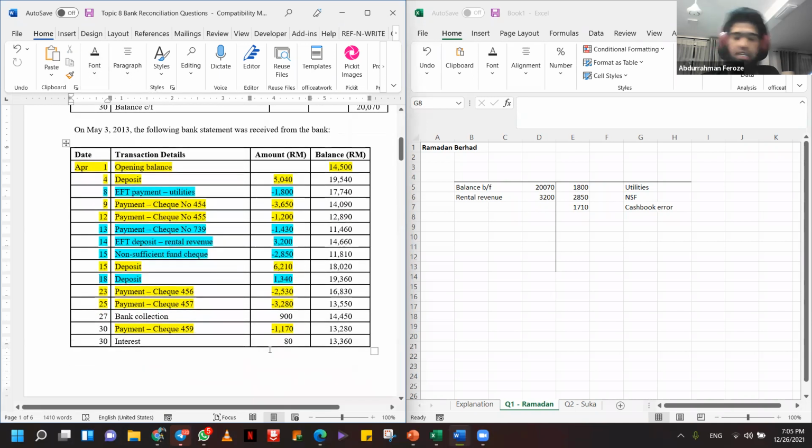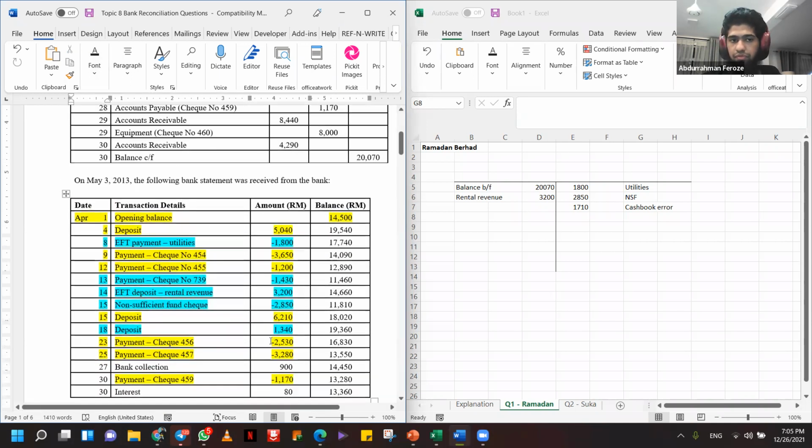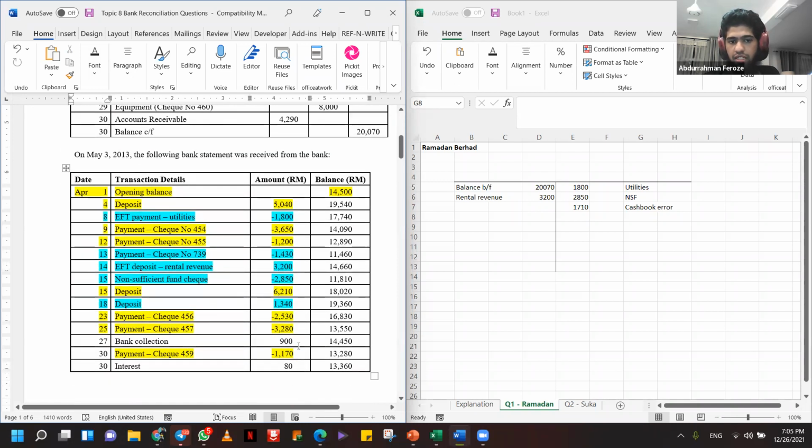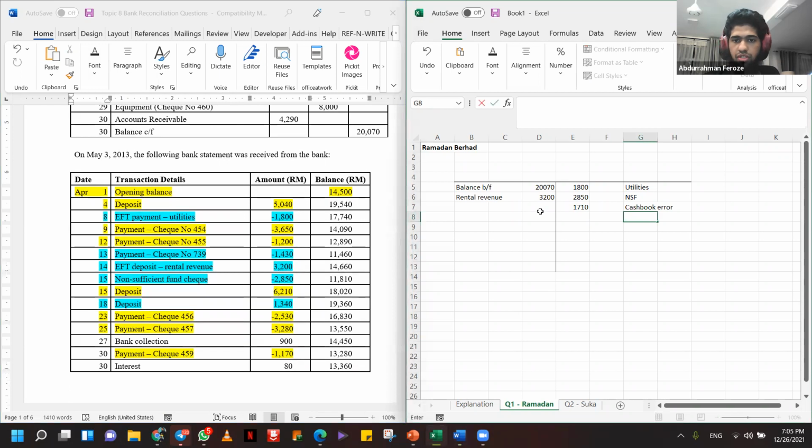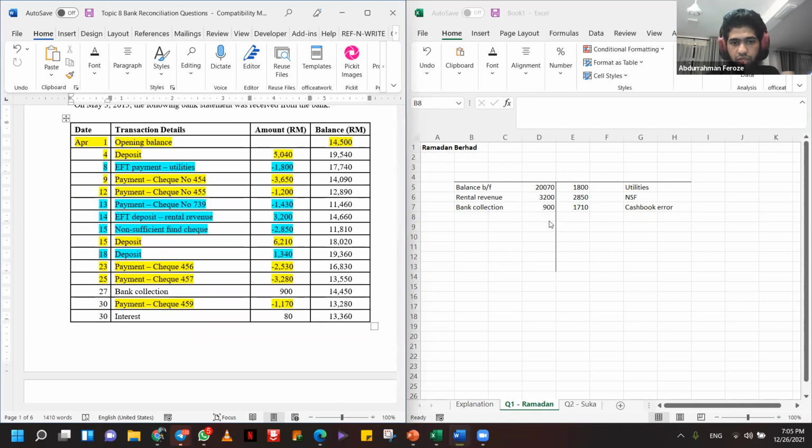Now we have the bank collection, which is 900, right? So this is once again an amount that is received, so it should be debited, 900 bank collection. Okay, and then we have interest, which is interest income.